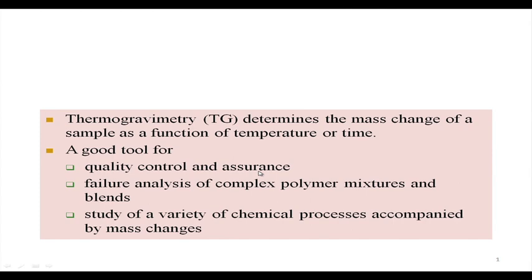Just now I told you that if we want to use the TG for our industrially important sample of cement, or another pharmaceutical industry important sample, your medicine, that means the solid tablets and the capsules, or the solid ingredient what we use for making the pharmaceutical samples, because you must have the corresponding quality control and the assurance in terms of the simple presence of calcium ion in water samples, or the quality of the cement in terms of the presence of the calcium, that means the percentage of calcium should be known to us in terms of a cement sample, or any other calcium bearing medicine or drug or anything.